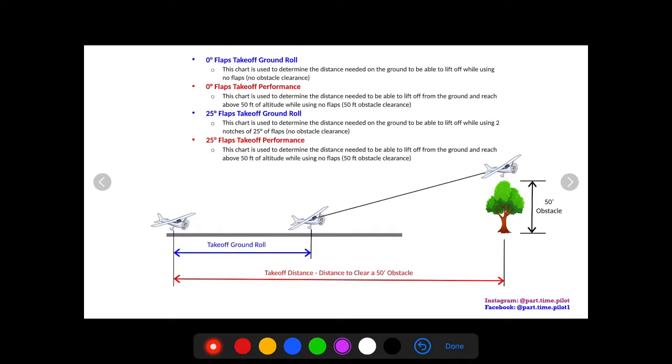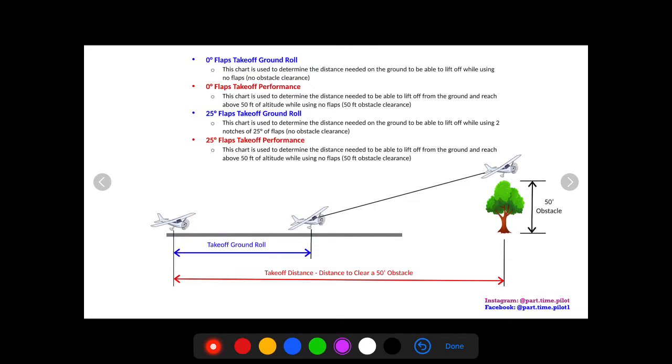This is the distance you roll on the ground before rotating and lifting your wheels off the ground. So that point from when you start to roll to when you lift off the ground is your ground roll. In these charts that talk about ground roll for 0 degree flaps and 25 degree flaps, those are talking about finding this distance.